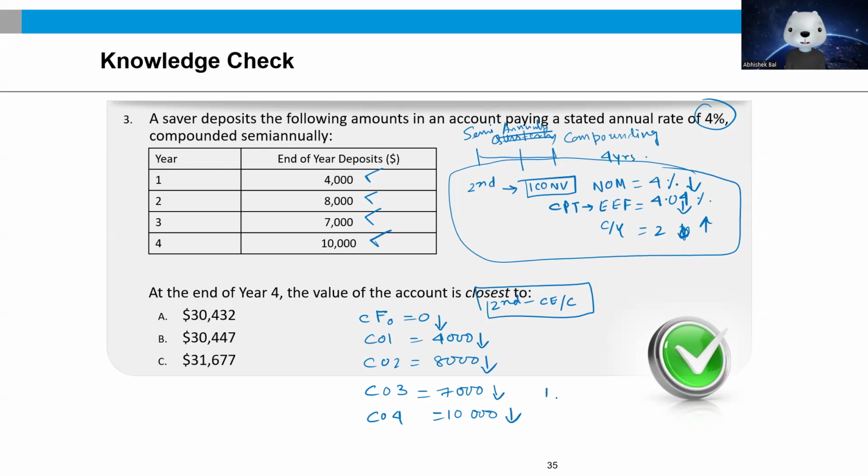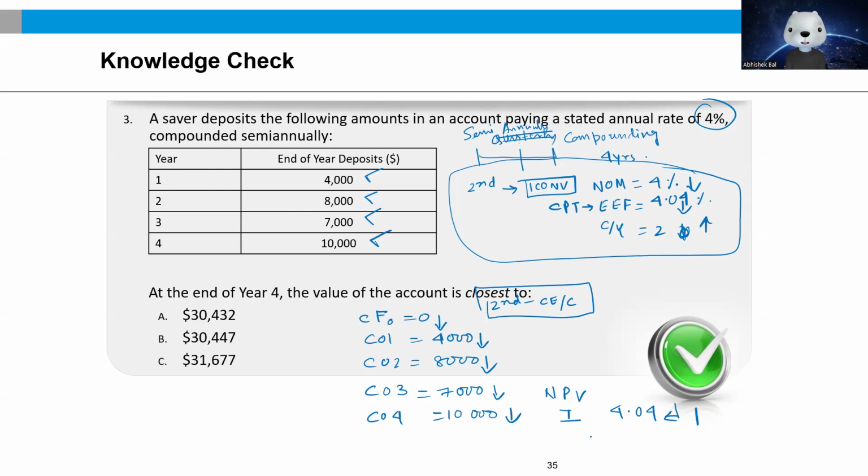Once you come to the NPV button, by default, it is going to show you the interest rate. If there be no other value, fair enough. If there is any other value, ignore that and put the value of 4.04, which is the effective interest rate which you found out. Press 4.04 and press the enter button so that you feed in the value of I as 4.04%.